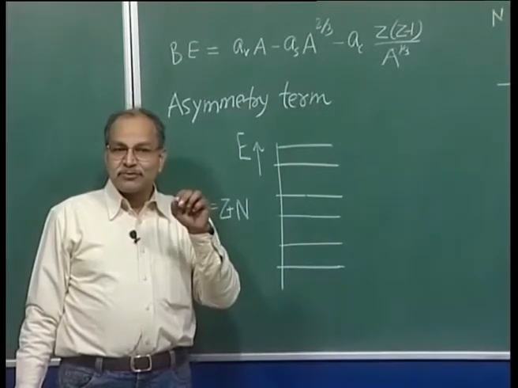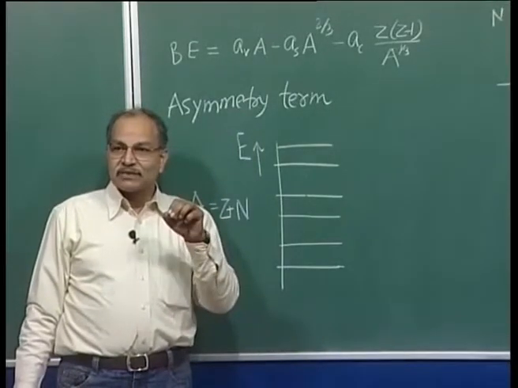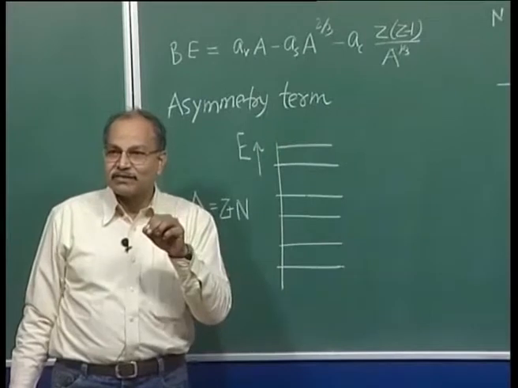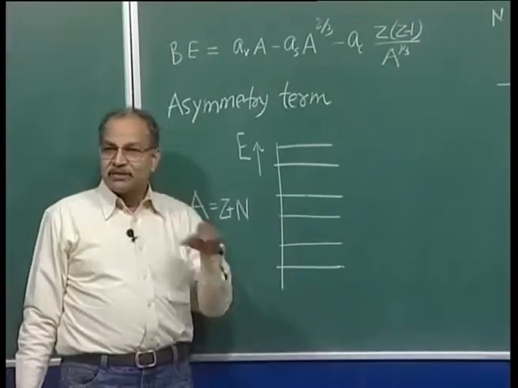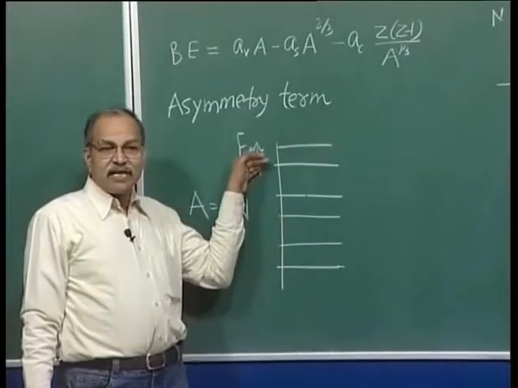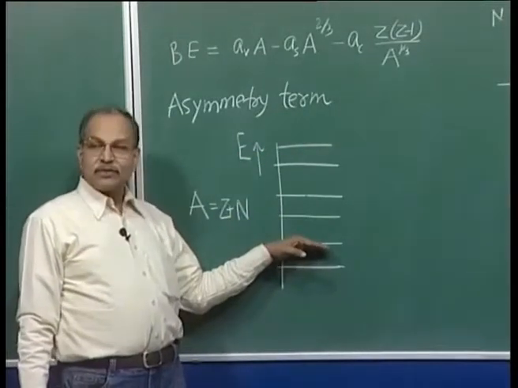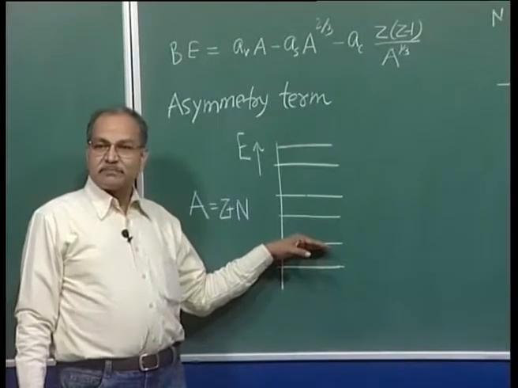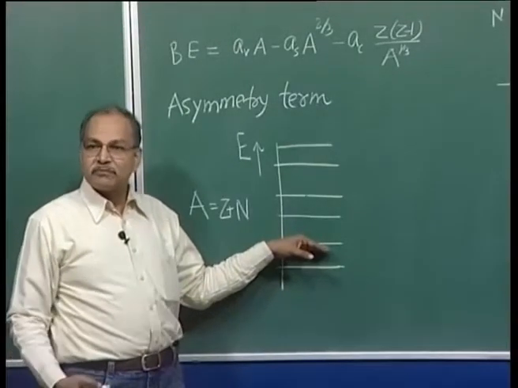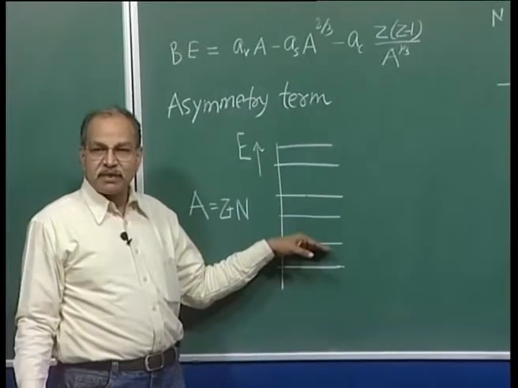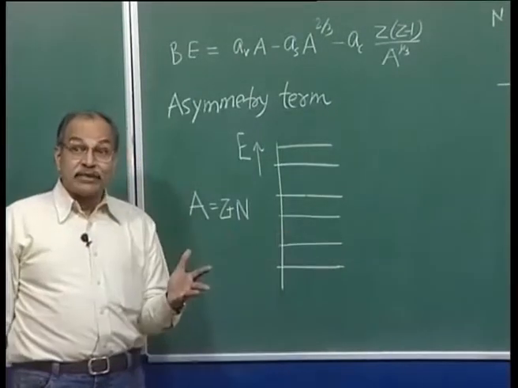The protons and neutrons are both fermions, they are s equal to half particles like electrons. So, ms can be plus half, ms can be minus half. So, assuming that energy is independent of that, at each level you can put a proton with spin plus half, a proton with spin minus half, neutron with spin plus half, neutron with spin minus half, but not more than that.